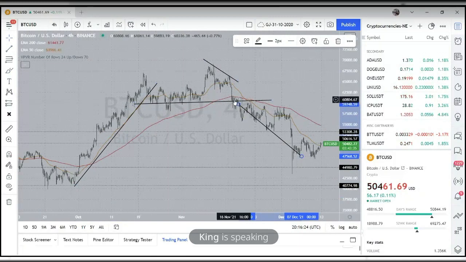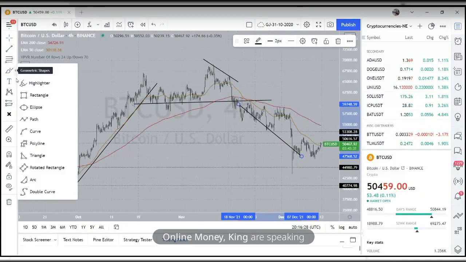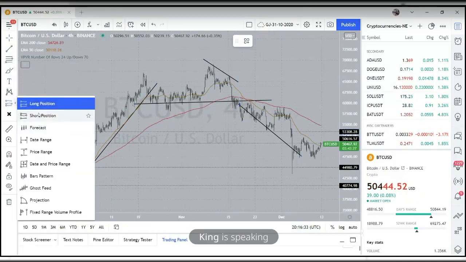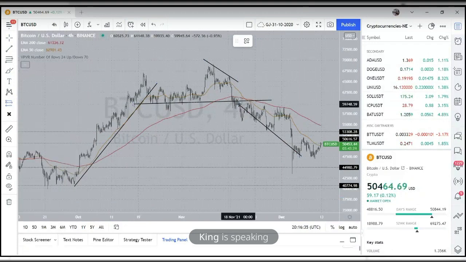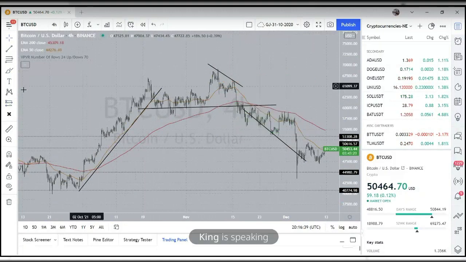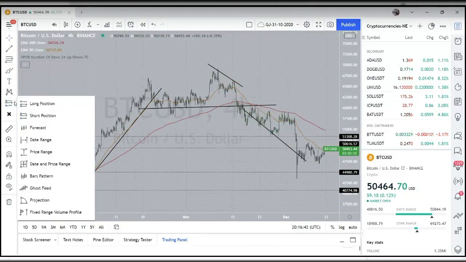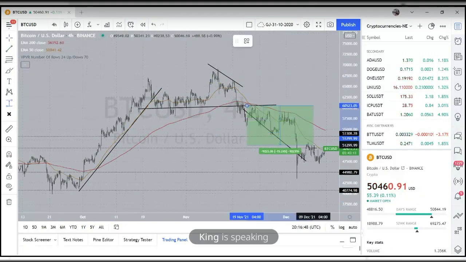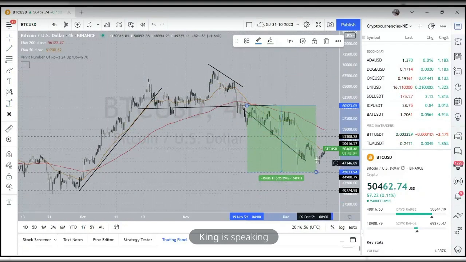So you're waiting 2-3 weeks for this trade. But once you get in that trade, you've got a move of, oh, that's not the one I wanted. You've got a move from this level here to 40, let's say 45k, a move of 25%.